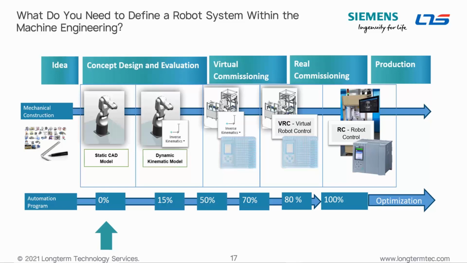Yeah, and if I've done that, I can reuse the information I've already added to my model in the virtual commissioning phase. In the virtual commissioning phase, I add maybe some kinematics if I have robots, and I add some sequences so that everything works together.